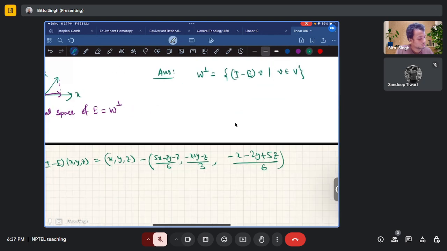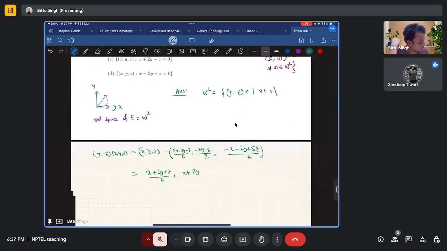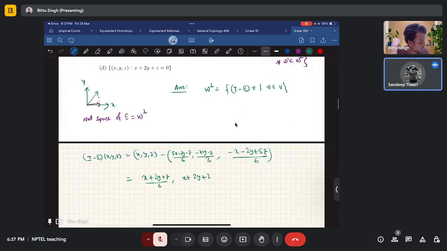So if you subtract, what will you get? It is the same as x minus, so 6x minus 5x, which is x plus 2y plus z by 6, comma, 3y minus y, that is 2y, and x plus 2y plus z. Sir, there will be 8y in the first coordinate?